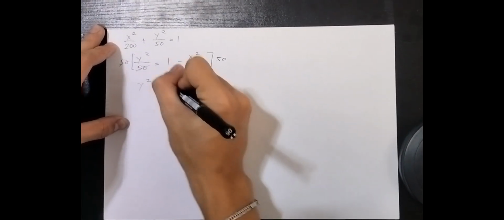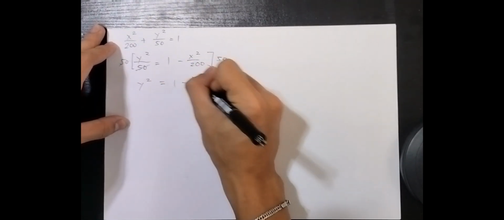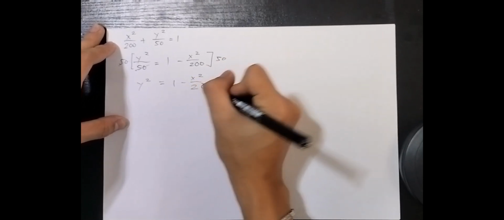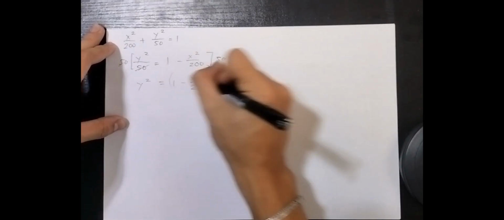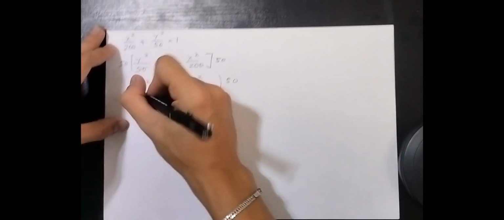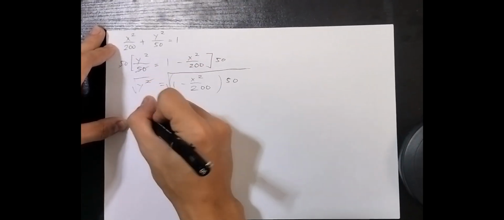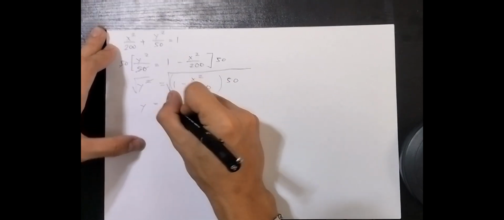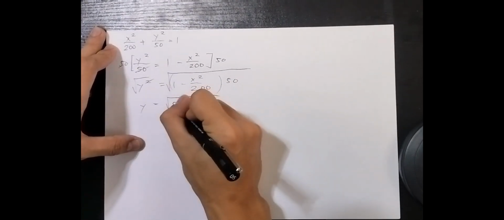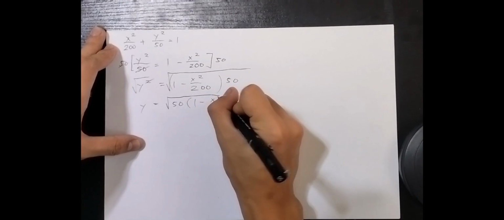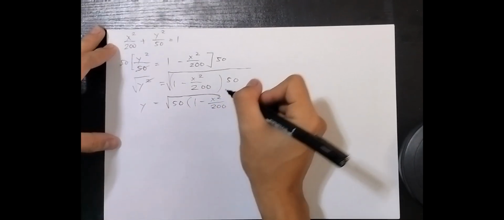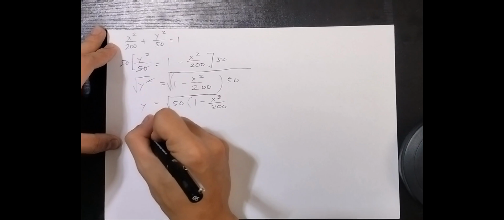So it will become y squared is equal to 1 minus x squared over 200 multiplied by 50. We can square root both sides to eliminate the square on y. So it will become y is equal to square root of 50 multiplied by 1 minus x squared over 200.